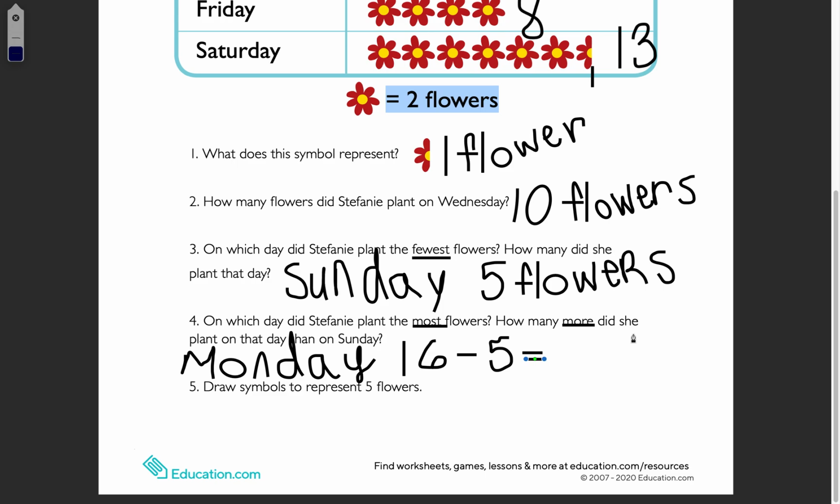A number line, your fingers. You could possibly know this, which would be awesome. Don't need any math tools except your brain. A 100 chart. Or you could draw 16 and take away 5. That's another great way. Let me give you a couple more seconds to get your answer. And if you need more time, you can always pause the video.